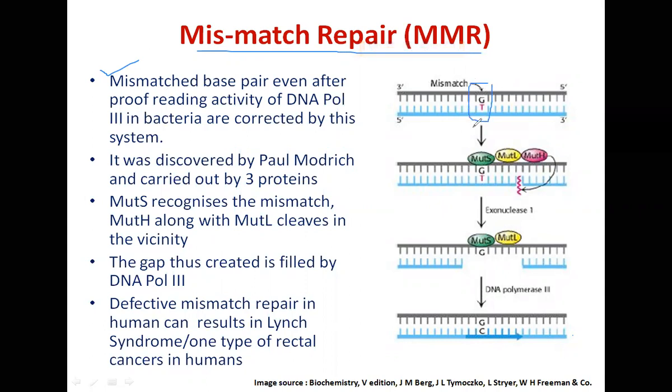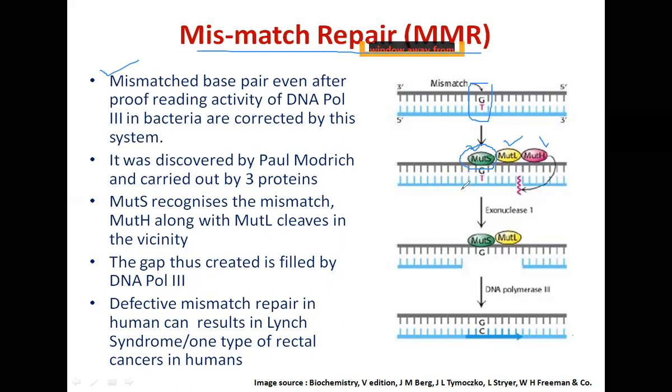In bacteria, there is a mismatch repair mechanism, and the components of this mechanism are three proteins. They are MUT-S, MUT-L, and MUT-H. It is the responsibility of MUT-S to identify the mismatched base pair.